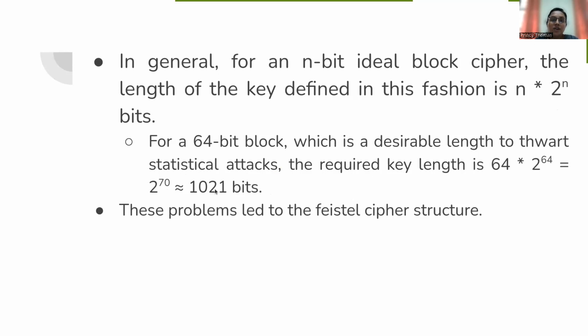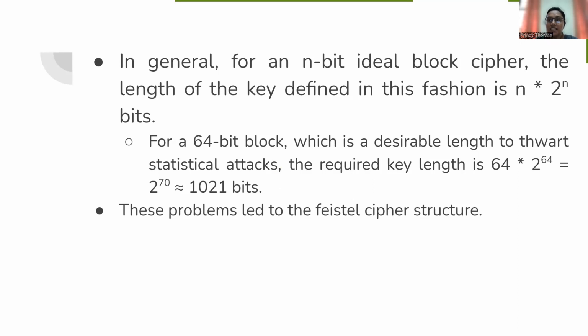And because of all these problems, instead of using just one substitution or one transposition, Feistel, using Shannon's theory, created the Feistel structure in ciphers, which says to use multiple rounds of confusion and diffusion, so that the strength of the encryption will be higher.